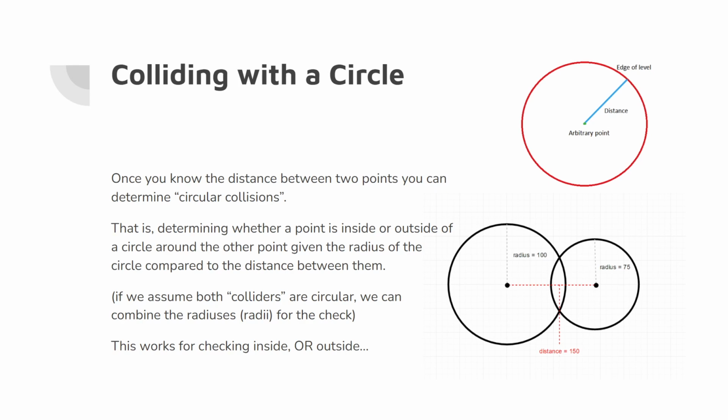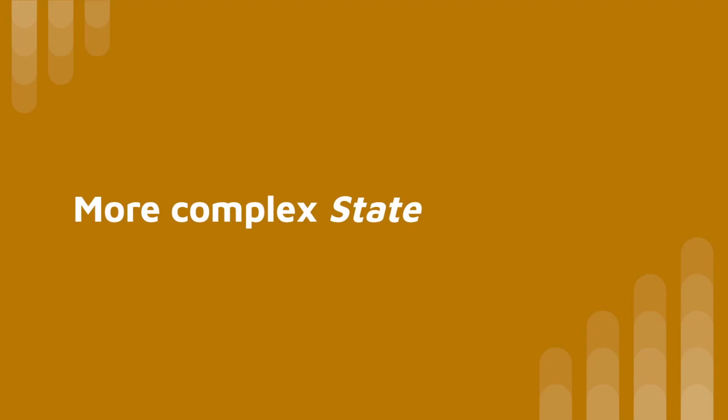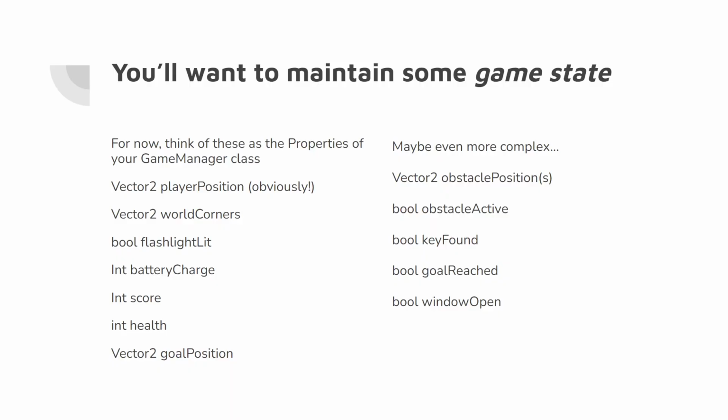So if you're within the distance of the radius together, we can figure out if our 2 circle colliders are colliding. Okay. So the idea is that we want to use those sort of colliders really to figure out in our world what's what, where things hit, and so on.